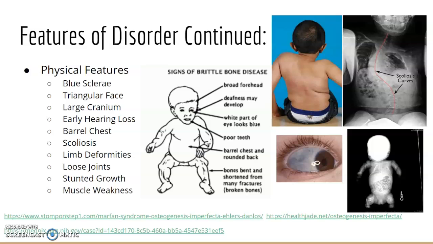A barrel chest, so that's having a rounded chest instead of a normal oval chest. Scoliosis is very common, and that's where your back curves. There are usually limb deformities, loose joints from the lack of connective tissue, stunted growth, and muscle weakness.